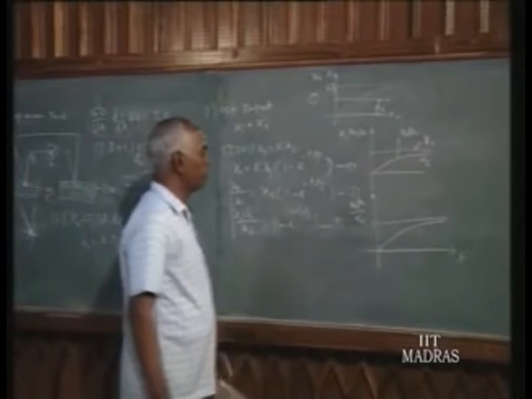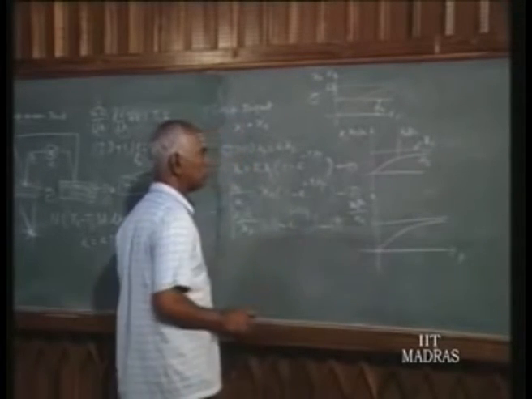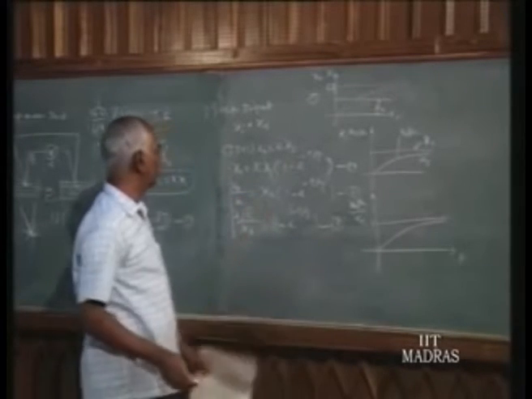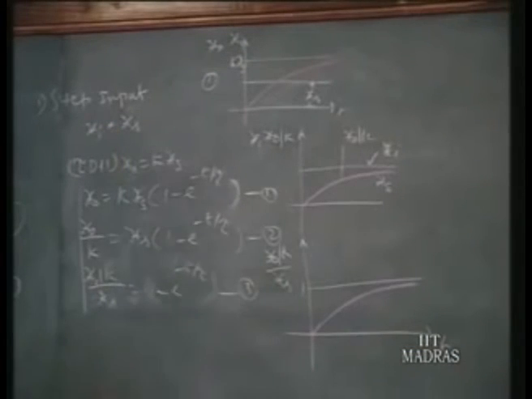From here, suppose you take the second one, XO by K. It should be equal to Xs, the input signal.